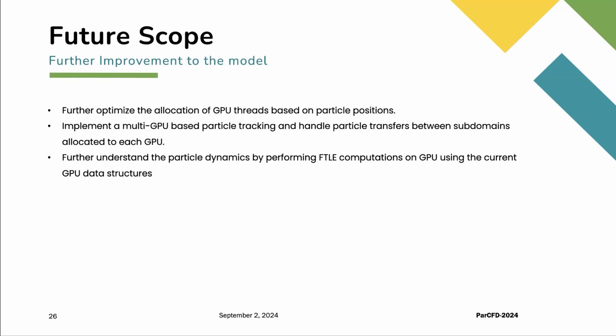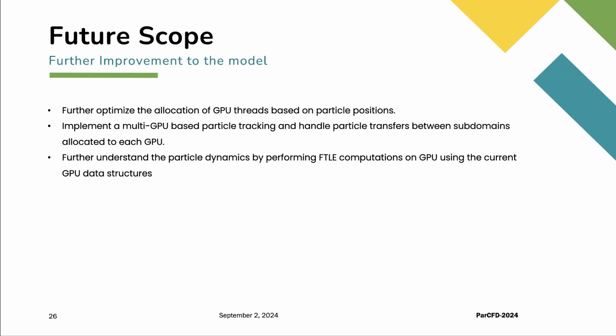Even though there was no speedup when compared to the CPU, while my fluid solver is running, I could do that simultaneously on the GPU itself, which gives a considerable amount of time savings overall.